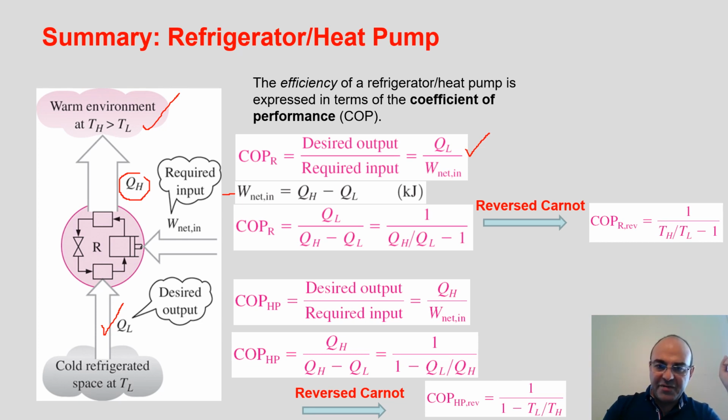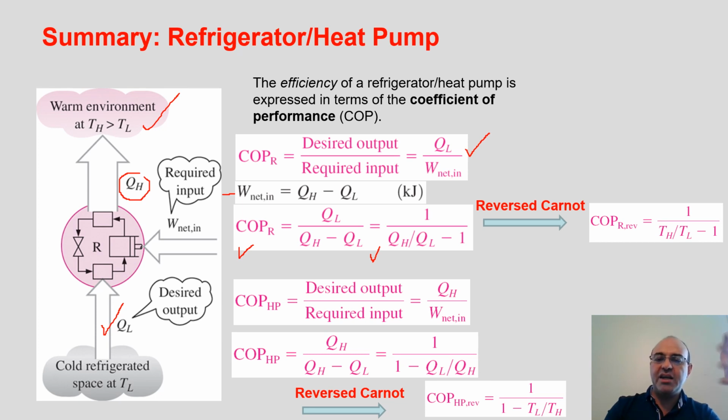If we substitute W net in by QH minus QL in this equation and divide all terms by QL, we end up with this equation where COP refrigerator is 1 over QH over QL minus 1.